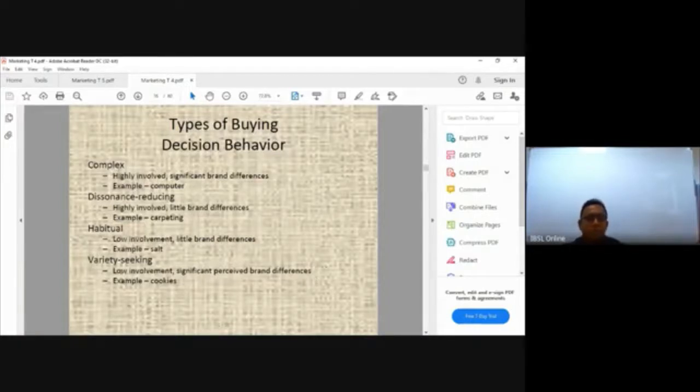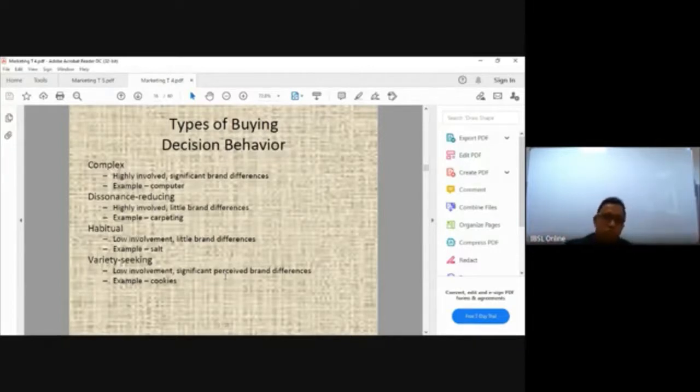Variety seeking is where you as a person want to try different brands, different tastes, mostly with food items, going by the brand and the quality and so on.